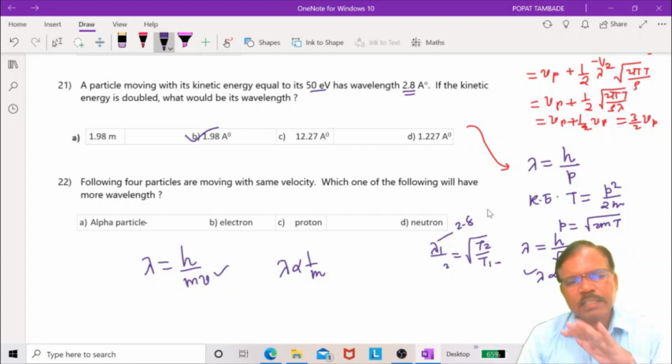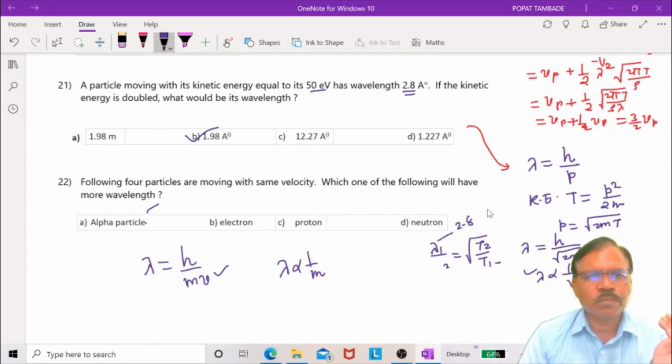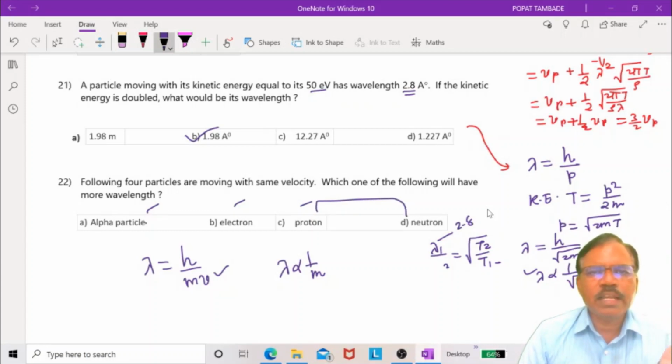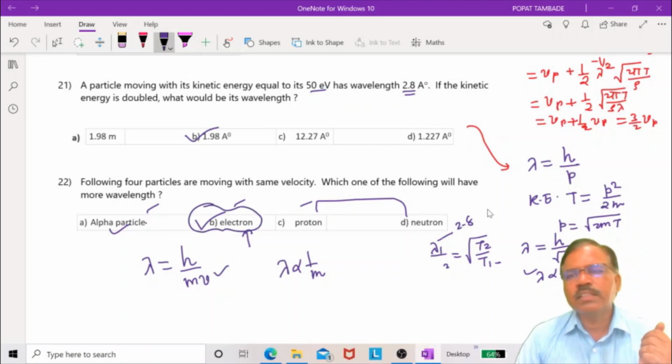So four particles having the same velocity, the wavelength depends on mass. More is the mass, less is the wavelength. So out of these four, we know proton and neutron have nearly the same mass. Electron is smaller than proton and neutron, and also smaller than alpha particle. So electron has less mass, so it will have more wavelength. So this is the correct answer.